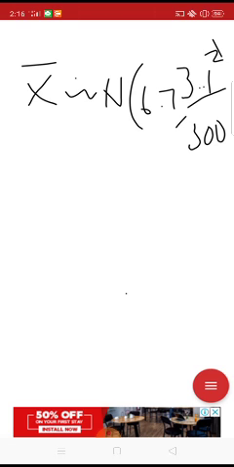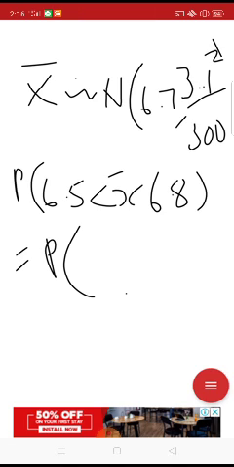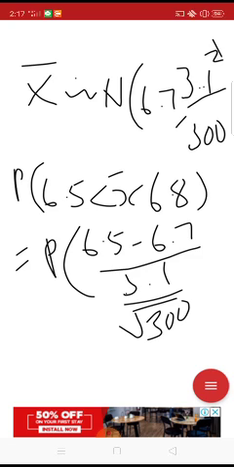So if you want to find the probability between 6.5 and 6.8, you do the same thing, you standardize: 6.5 minus 6.7, divided by 3.1 over the square root of 300. The other side you do the same.